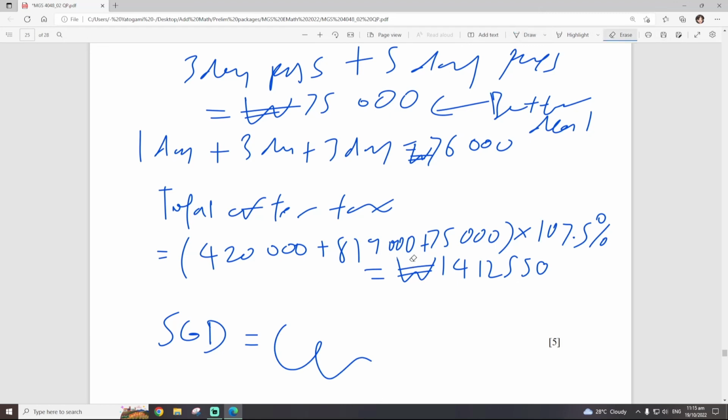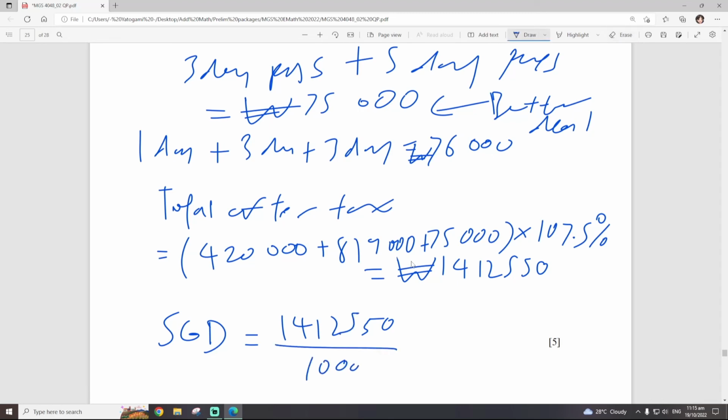Okay, interesting. Singapore dollars will be, you take 1,412,550, you convert it into the units, which is divide by 1,000. Then you multiply by 0.909 because that's what we are buying. We are buying the Korean won based on our Singapore dollar.